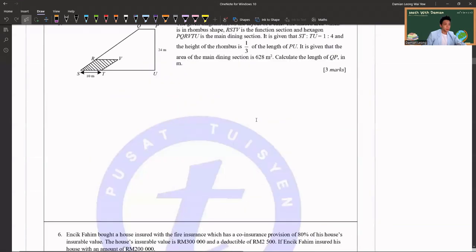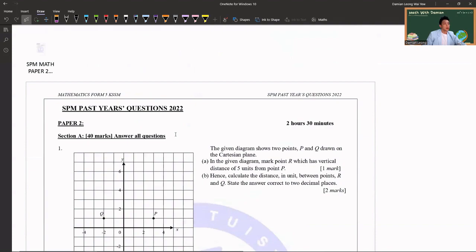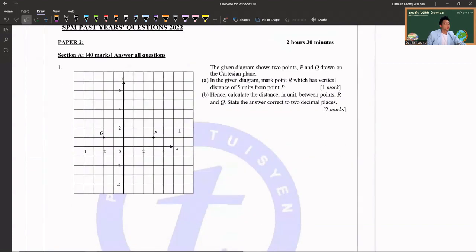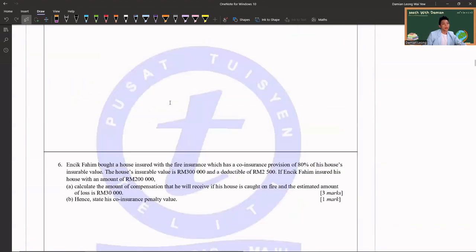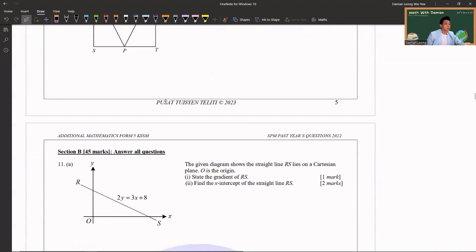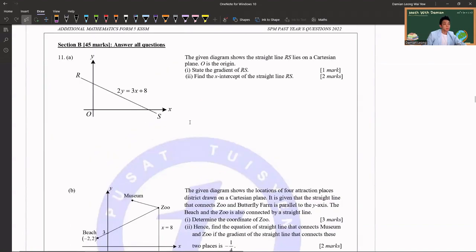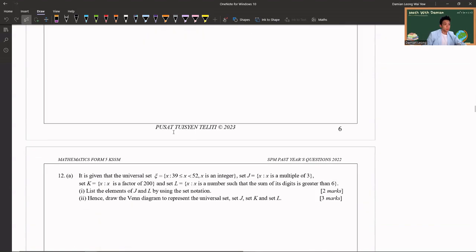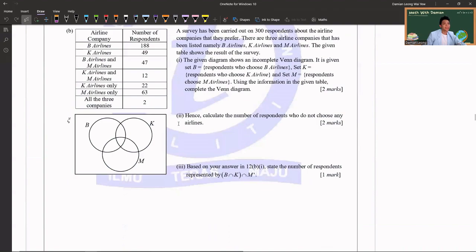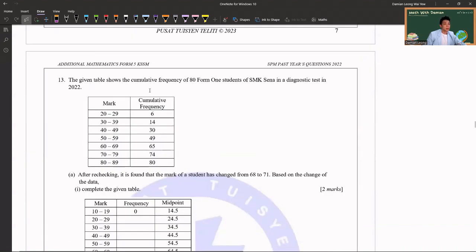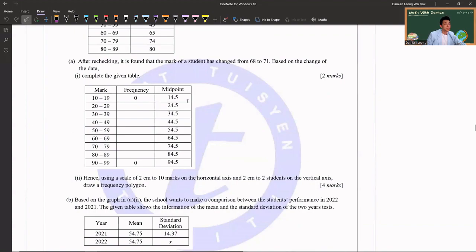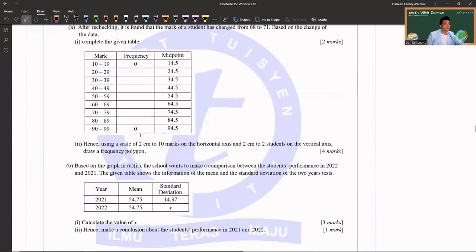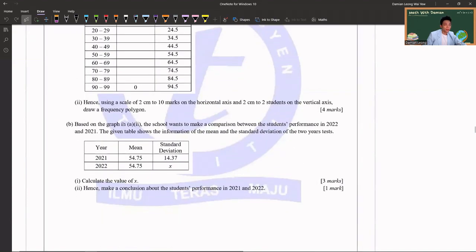For maths, usually section B questions are more standardized. So I would actually recommend doing section B first, because section B has a more standardized question type, especially question 13 here, which uses the measures of dispersion, where we have to draw a graph.